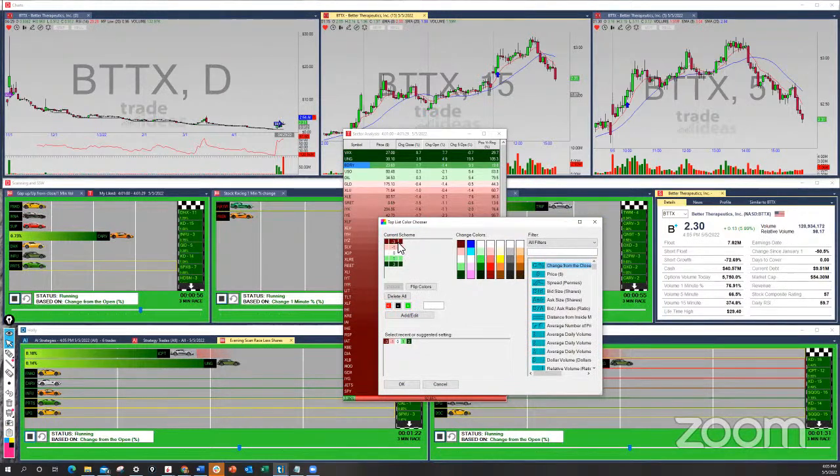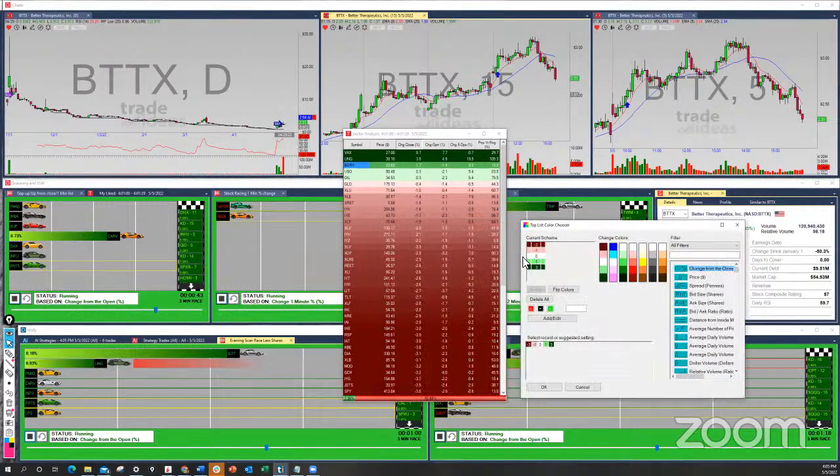Anything that's -3 or more percent is going to be this dark red. -1 to -2 is this kind of lighter color in here. White is neutralish, and green is the 1 to 3 and above, like that. So that's how that works on a top list.